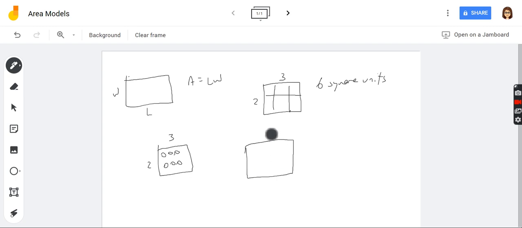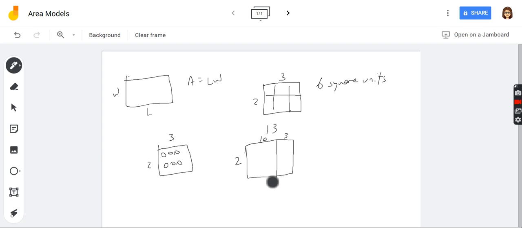So let me go a little bit harder. Suppose it was 2 by 13. How would you do this? One way you could do it is you could take your 13 and split it up into friendlier numbers. So remember back in the day when multiplication was kind of new for you. Suppose I take my 13 and I split it into 10 and 3.